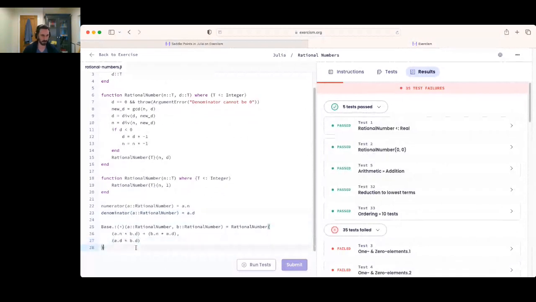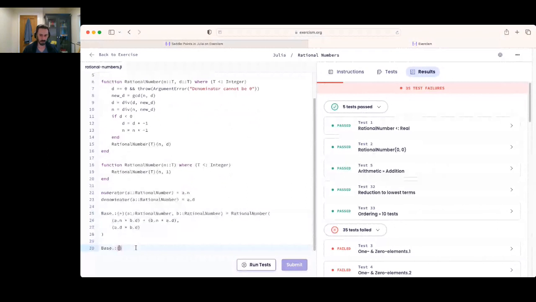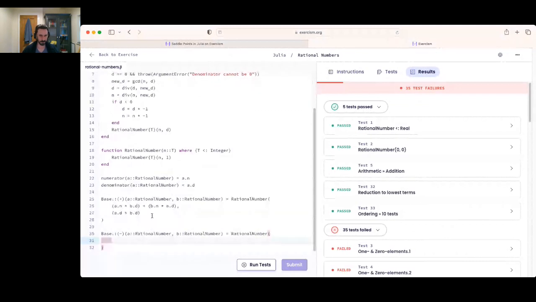Now that I actually can learn to read, base dot minus. A is going to be a rational number, B is going to be a rational number, do the same thing, rational number. We could do this as a slightly, in fact, let's do this one slightly different.